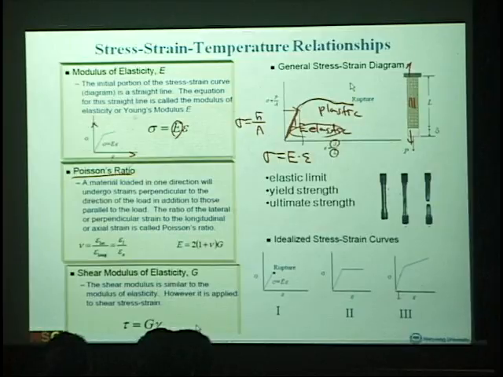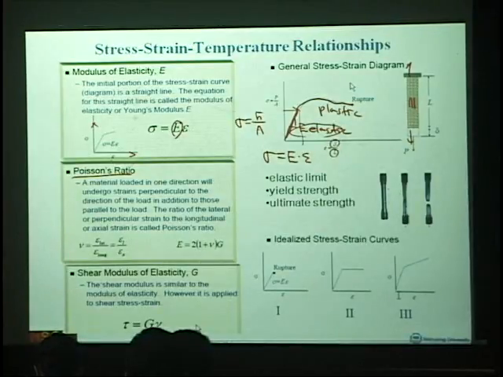And Poisson's ratio, as I mentioned, is the contraction. And another material property we will define is the shear modulus. This is just a review of material properties.